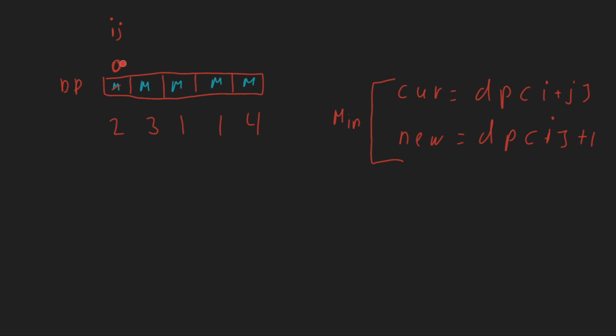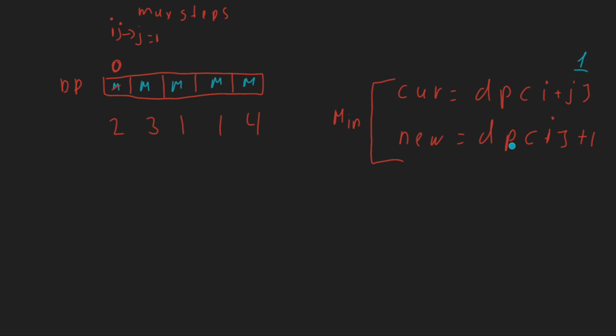Now let's do it for the next element. dp[i] is 0. We move j here because we can make 2 steps; j represents our max steps. Now j equals 1, so i plus j equals 1. This value is 1.